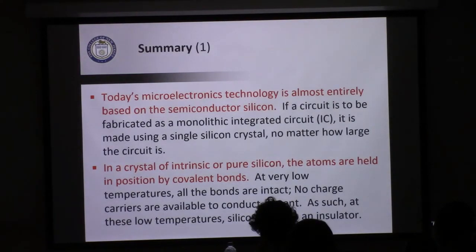So we're done with Chapter 3. I'll go through this really quickly, and then we'll jump into Chapter 4. We talked about silicon, the importance that it has to microelectronics, and the difference between intrinsic and doped semiconductors, with intrinsic being the pure and doped having impurities.